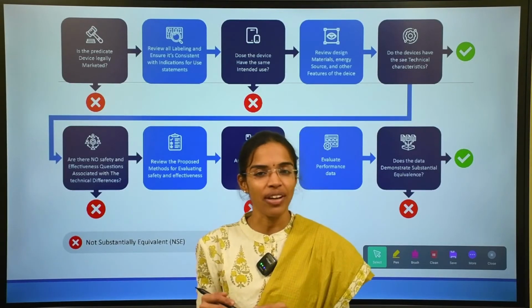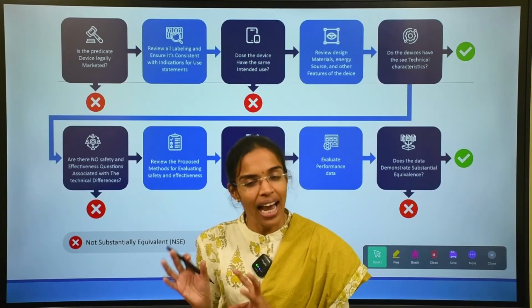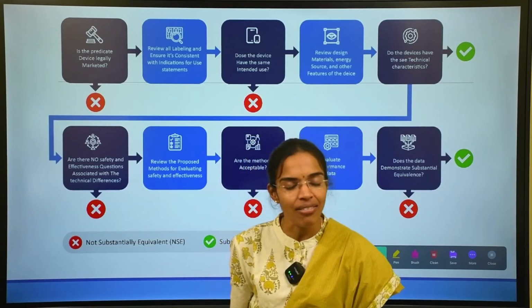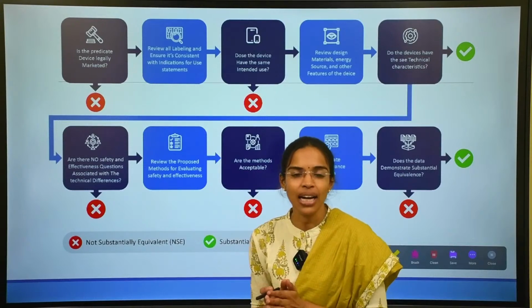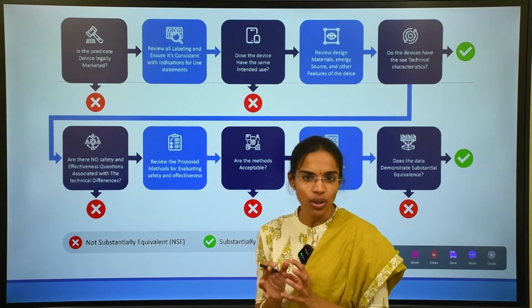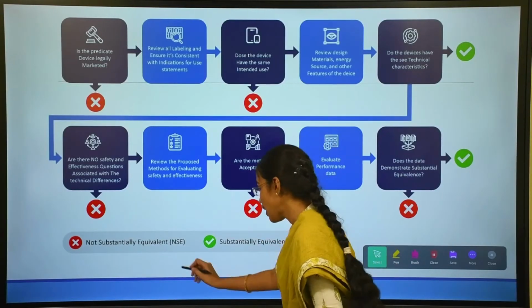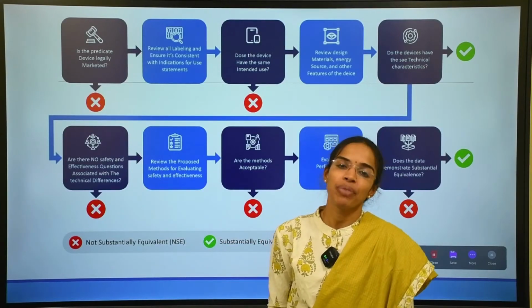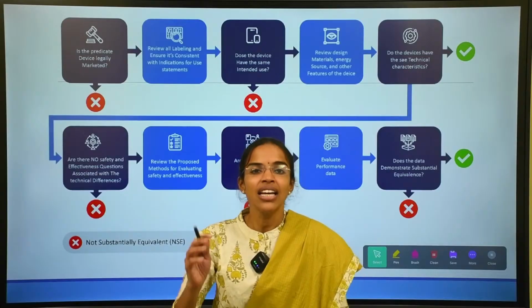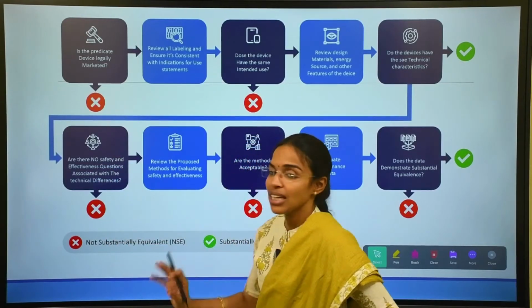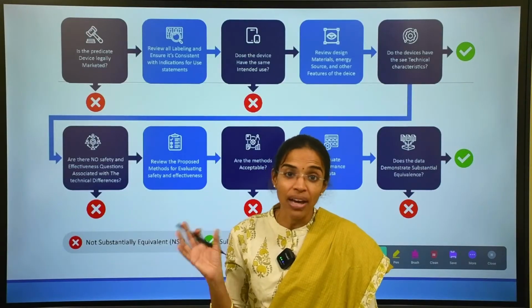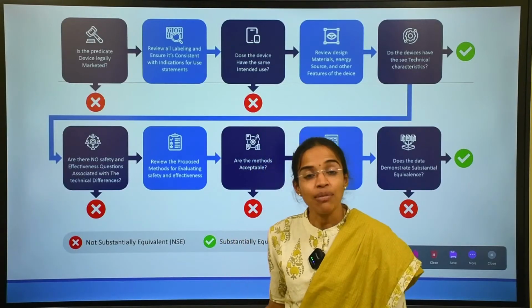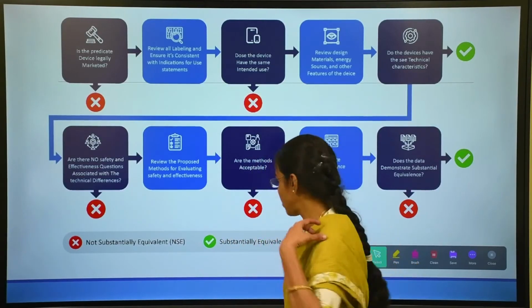Whenever a new device is manufactured, its features have to be compared with those of the predicate device, and if both are comparable in certain parameters, then the new device can be deemed substantially equivalent to the predicate device.